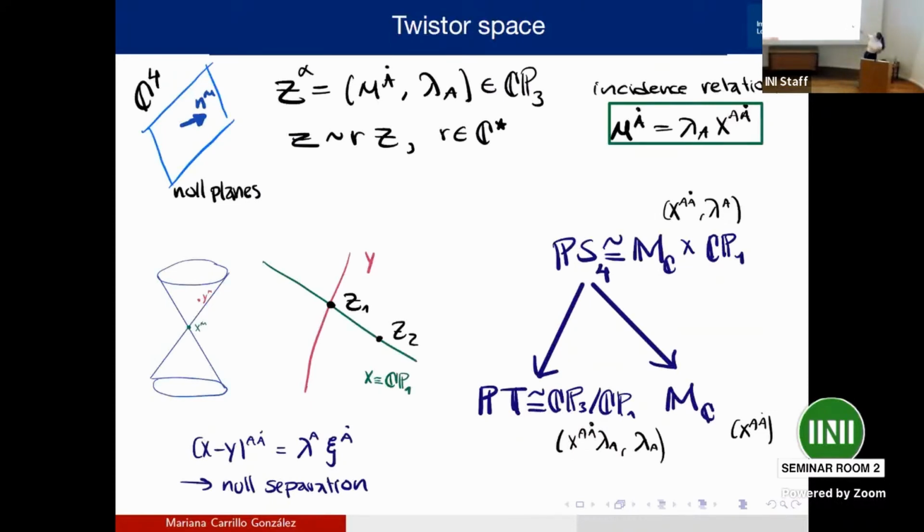You can define a twistor like the following. First you can think of it as just coordinates on C4, one with a dotted spinor and one with an undotted spinor. Again, they just have opposite chirality. But they should be equivalent under this kind of rescaling. So this indeed is a CP3, not a C4.